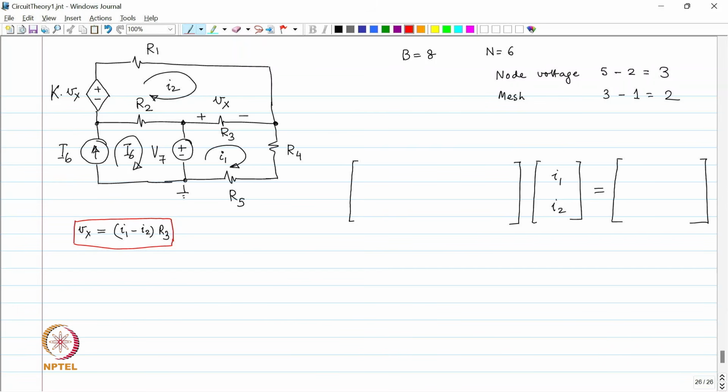We have only 2 loops to work with. The first loop is the loop for I1. Let us start with the voltage source. The drop across the voltage source is minus V7, which moves to the right hand side and becomes a plus V7. Then the drop across R3 is I1 minus I2 times R3.